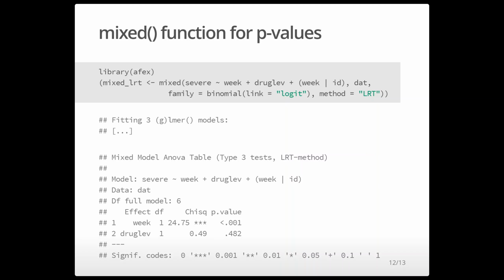And keep in mind, because I specified a random slope for week, it keeps the random slope for week in each term. So these are 1 degree of freedom tests, essentially testing the null hypothesis that the parameter for week would be 0, even though there are variable slopes. The slopes vary by person, but what this is testing is that the average slope is 0, the fixed effect is 0.